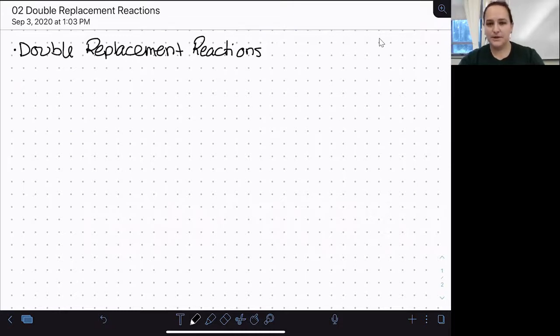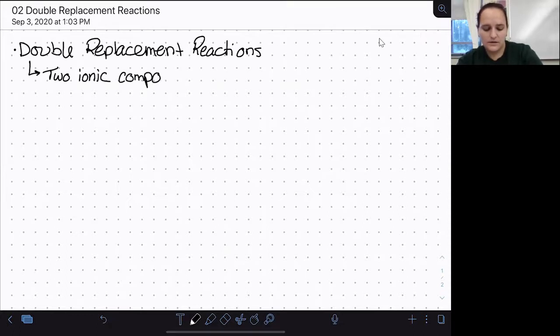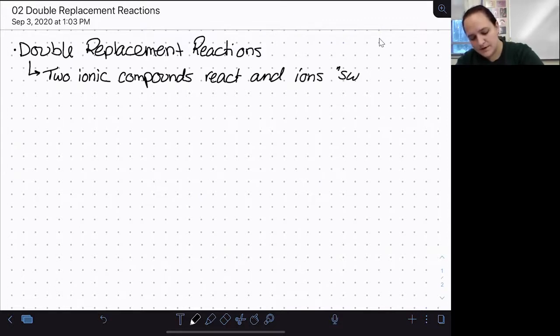So in a double replacement reaction, essentially what we've got is two ionic compounds react, and the ions swap partners is how I like to think about it. So our ions swap partners to form two new ionic compounds.